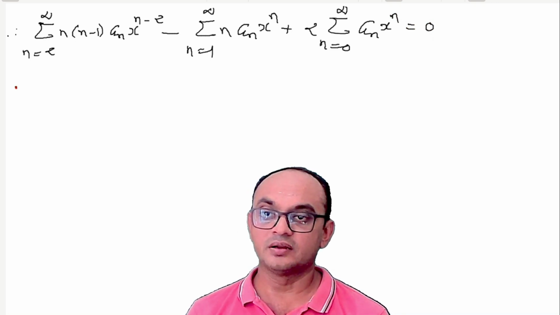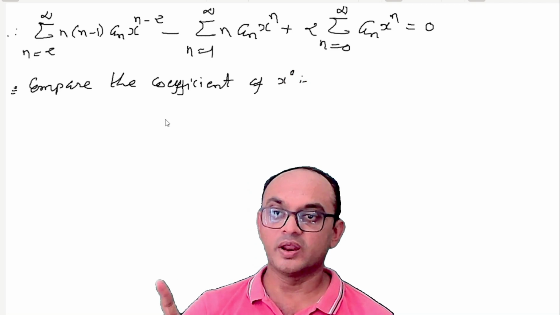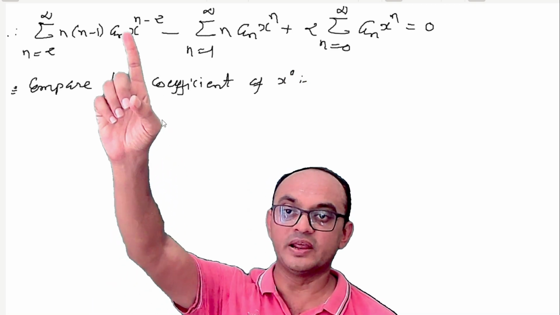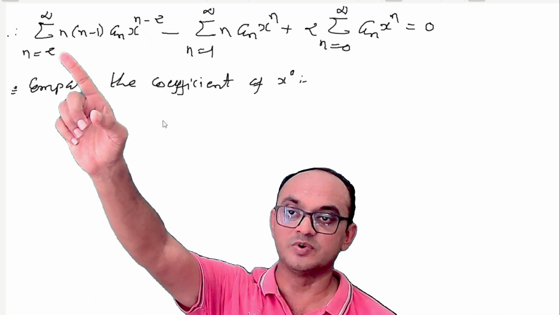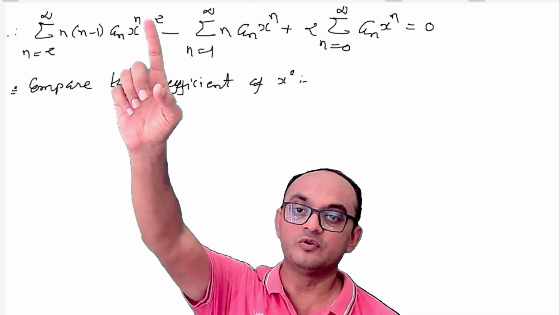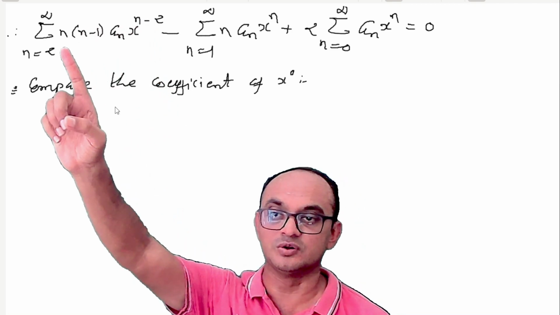So now compare the coefficient of x raised to 0. How do we get x raised to 0? When n is equal to 2, which is possible. See, when n is equal to 2, we have 2 minus 2 is 0. So the term gives us the coefficient of x raised to 0, right?